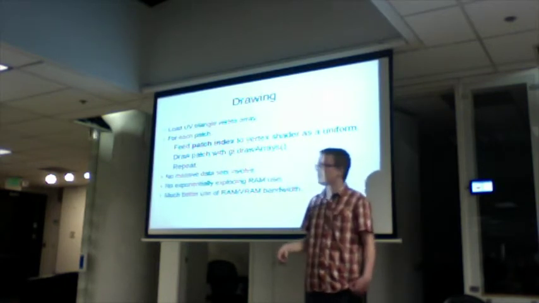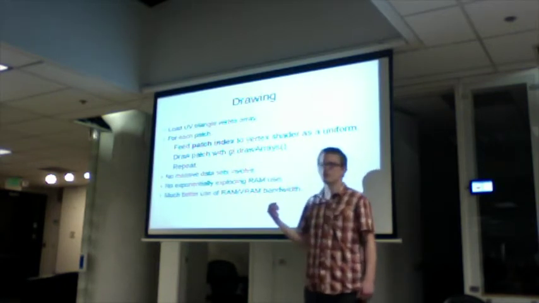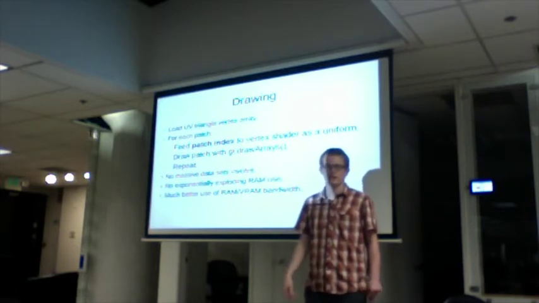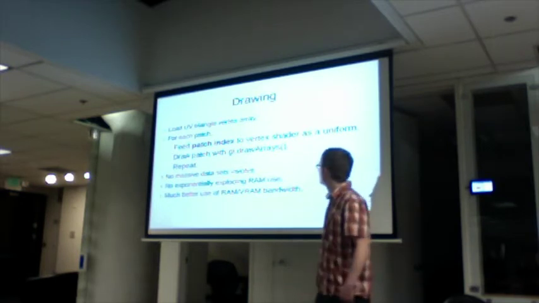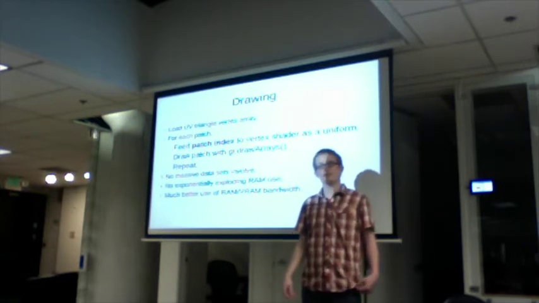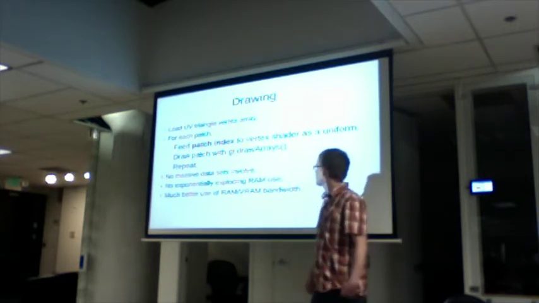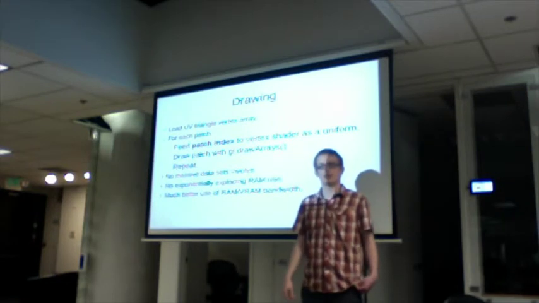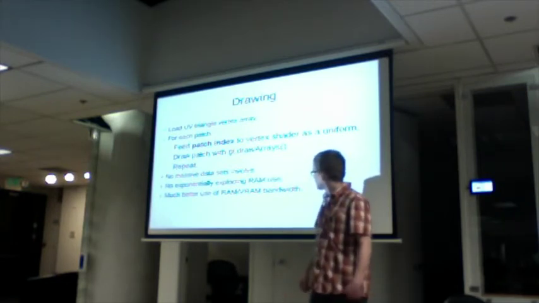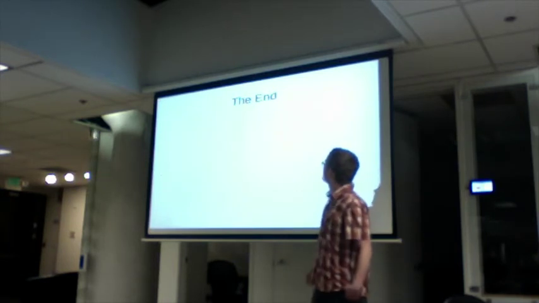You then draw with draw arrays, and then you just repeat this. And this is where the instancing extension sounds useful. And the nice thing about this is you don't have exploding RAM use. It's really the killer of the original algorithm.